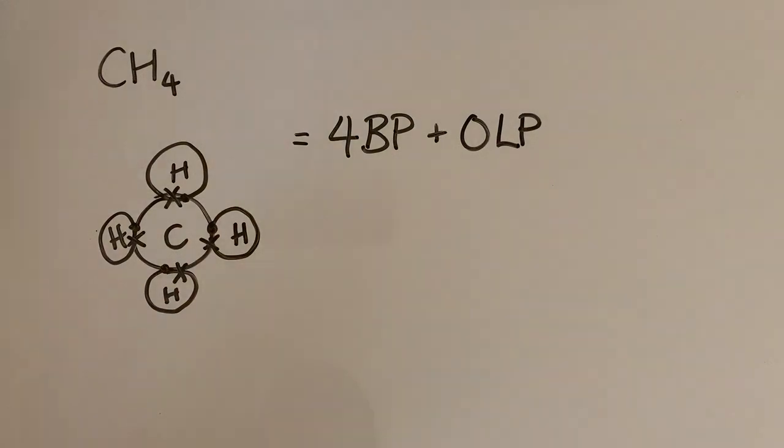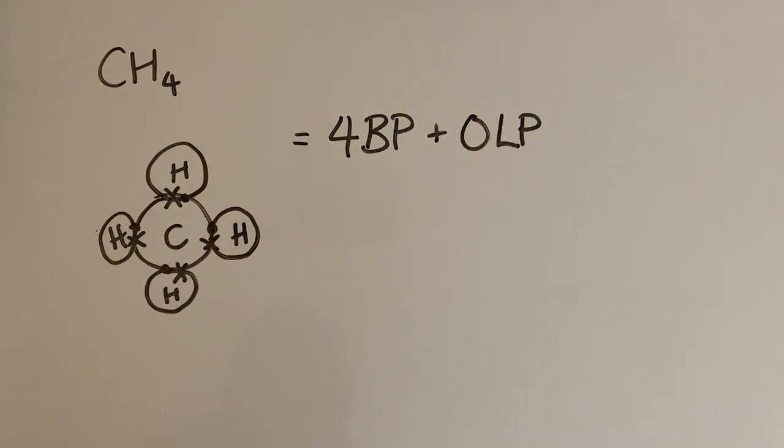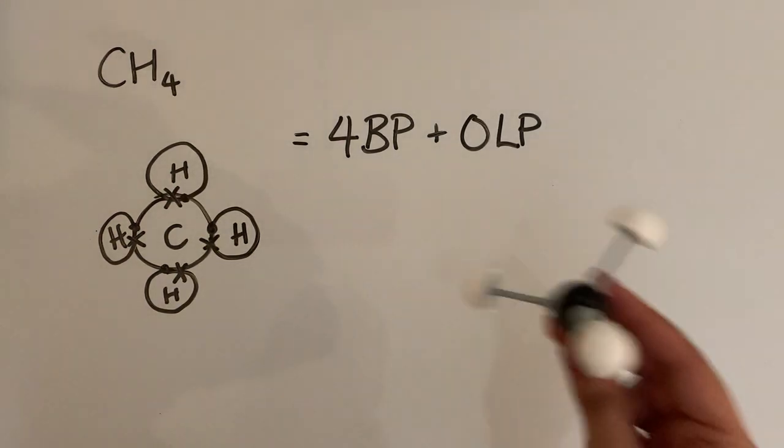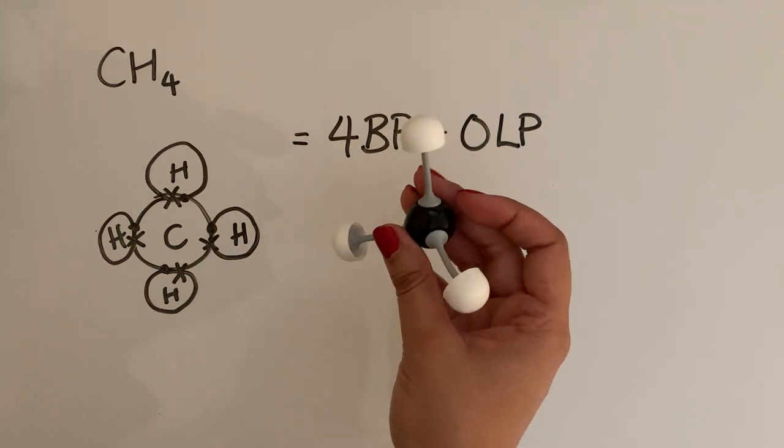Now, as we said, these electron pairs, whether it's a bond pair or a lone pair, they are going to repel each other. So all 4 of these bond pairs want to be as far away from each other as possible. And remember, this is in 3D, so it does have 3 dimensions to be far from each other. So I've just got a molecular structure for methane.